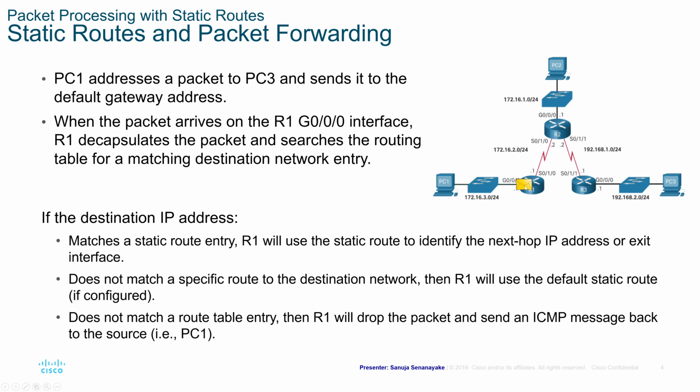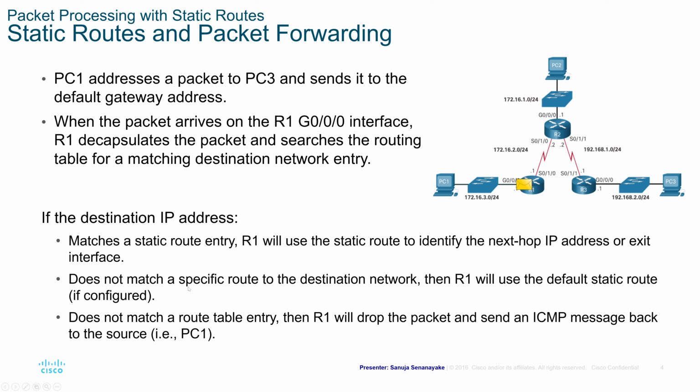So when the packet arrives on the R1 G0/0 interface, which is the default gateway of PC1, R1 decapsulates the packet and searches the routing table for a matching destination network entry. If the destination IP address matches a static route entry, R1 will use the static route to identify the next hop IP address or exit interface.